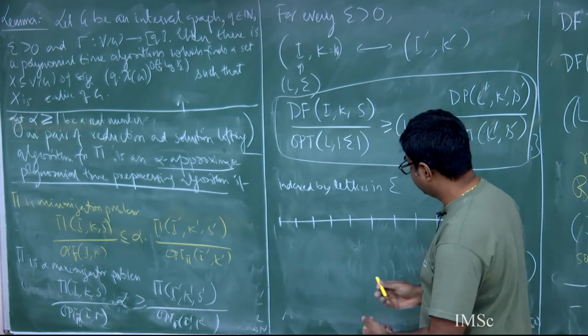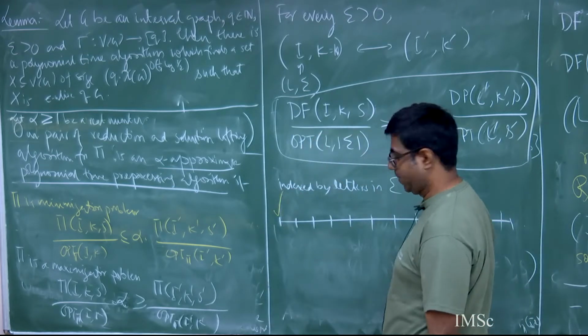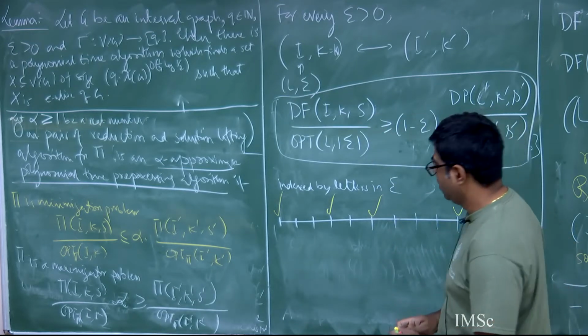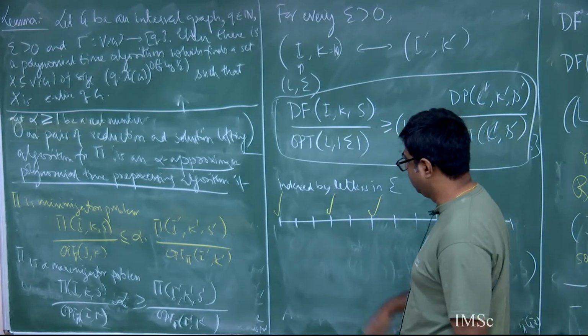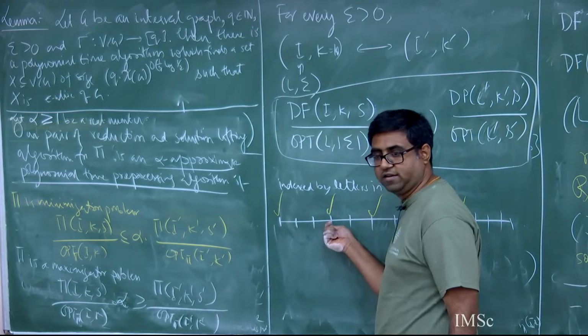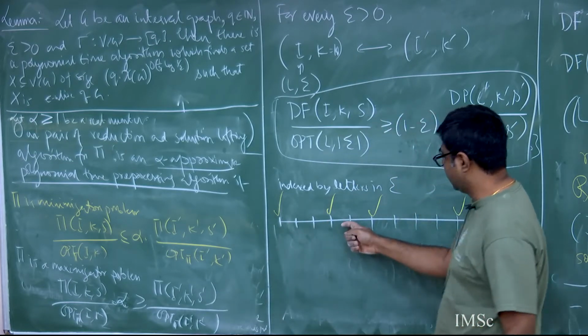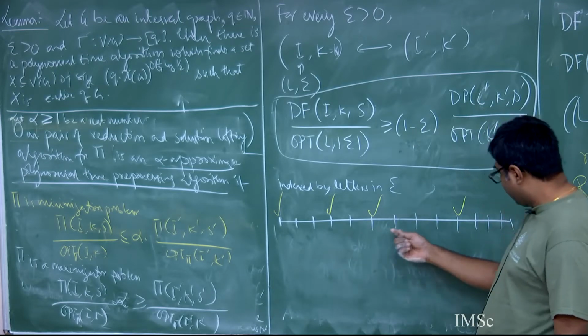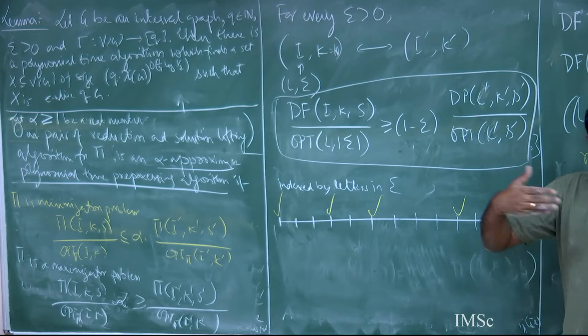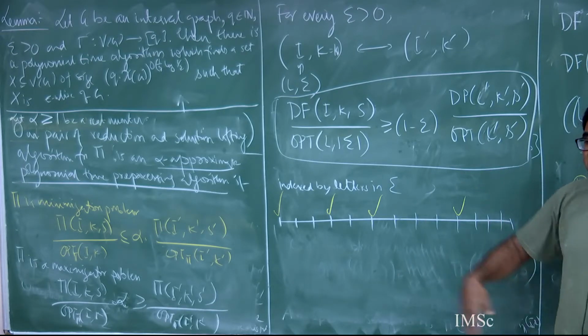Then we consider another L prime: take this, forget these letters, take the next yellow letter, forget this, take the next letter, forget all this and take. Whatever it tells us, we will do that. And then we will prove all the maths.